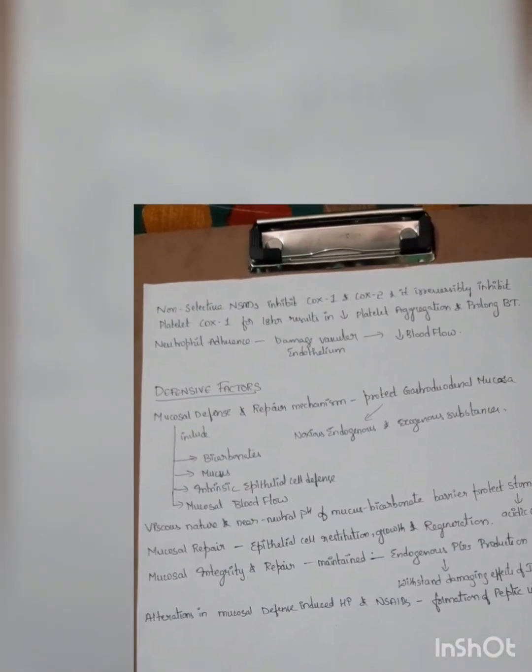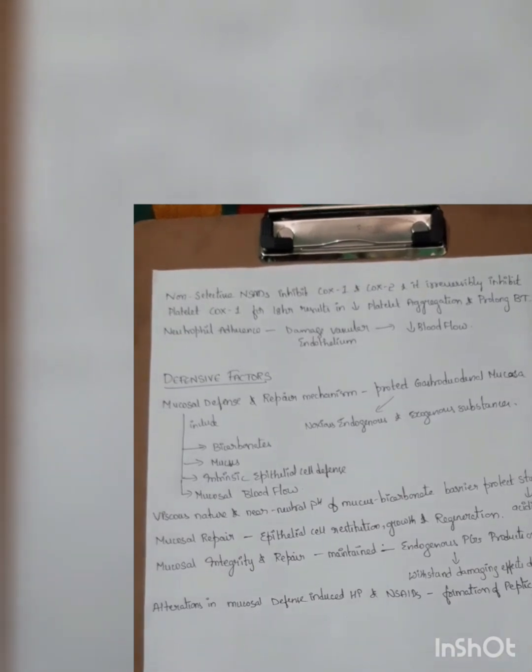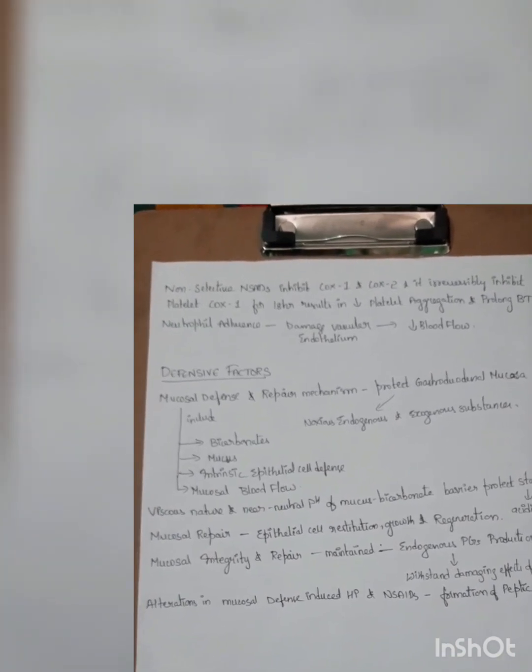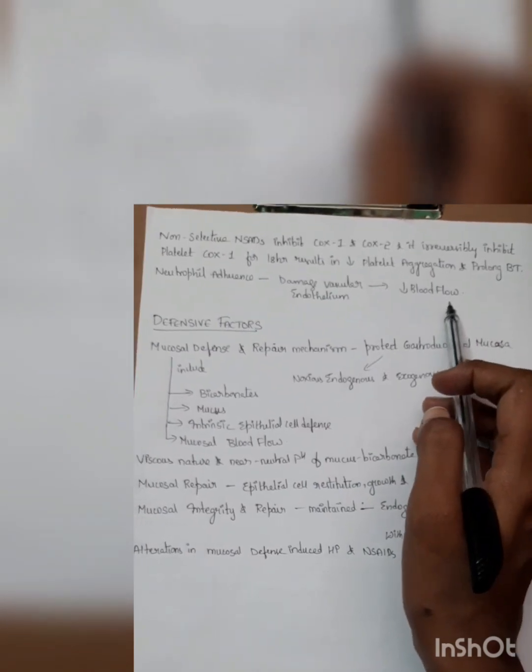Non-selective NSAIDs inhibit both COX-1 and COX-2, and this irreversibly inhibits platelet COX-1 for 18 hours, thus causing a decrease in platelet aggregation and prolonging the bleeding time. Neutrophil adherence causes damage to vascular endothelium and decreases mucosal blood flow.